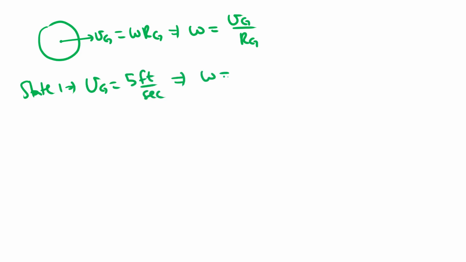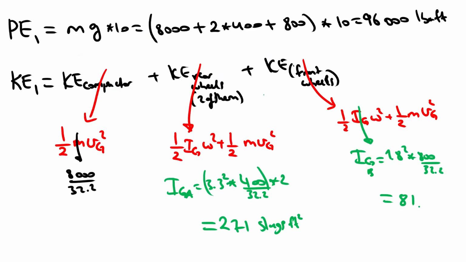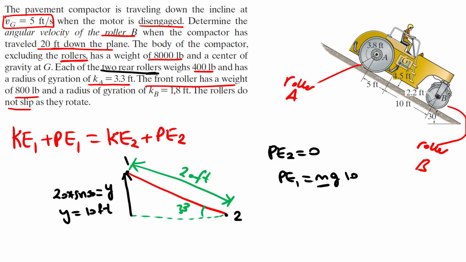Then here it will be 5 feet per second divided by the radius. For the rear one, it is 3.8. For the front one, it is 2.2.